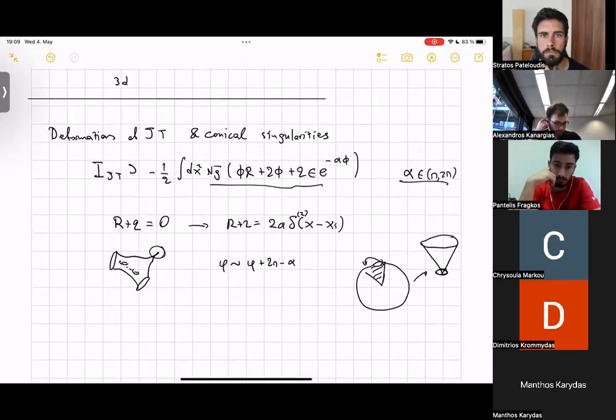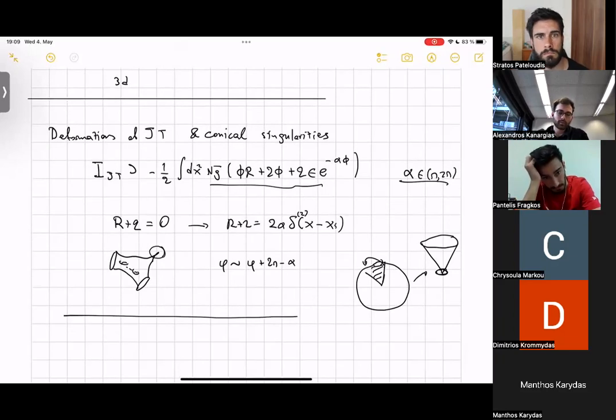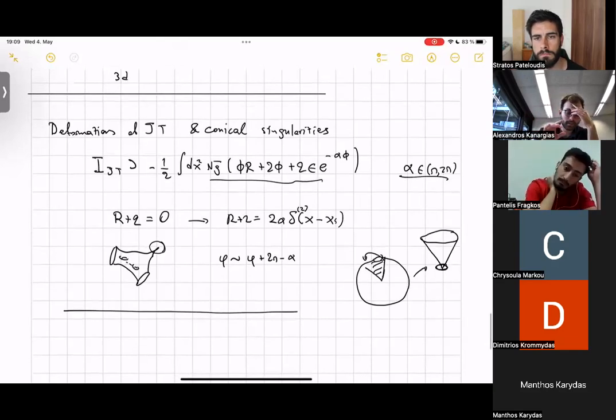And so in our research, Witten, Maxfield, and Turiaci, in two different papers, studied this and related it also to matrix models.